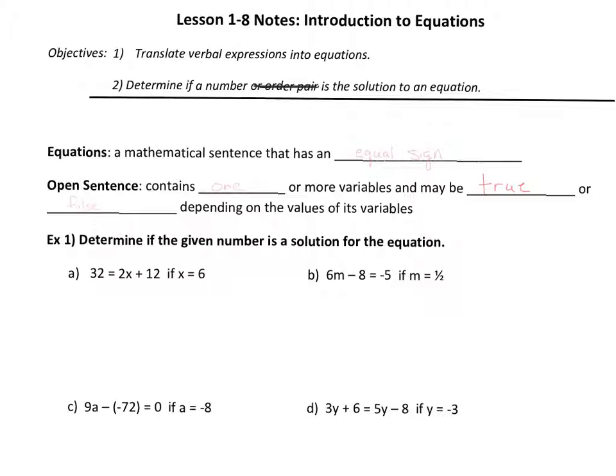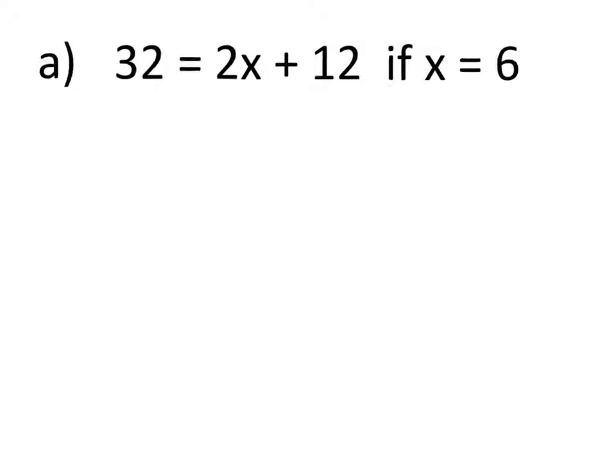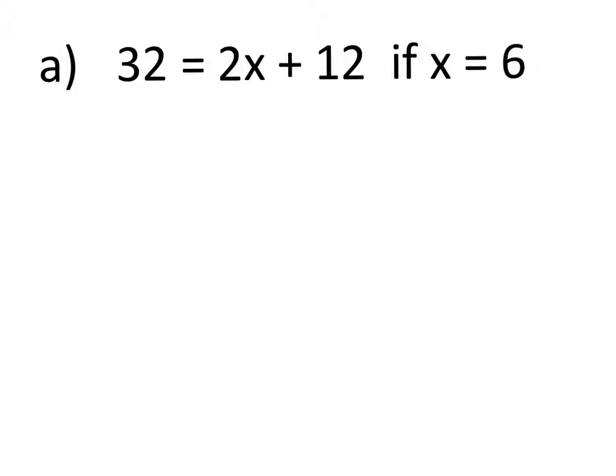Okay? So looking at the first example here, we're going to figure out if 6 is actually an answer. So we're going to take the 6 and we're just going to plug it in and see if it works. So I get 32 equals 2 times 6 plus 12. All right, and so we're going to work on this side first. We're going to get an answer over here and we're going to see, does it equal 32?